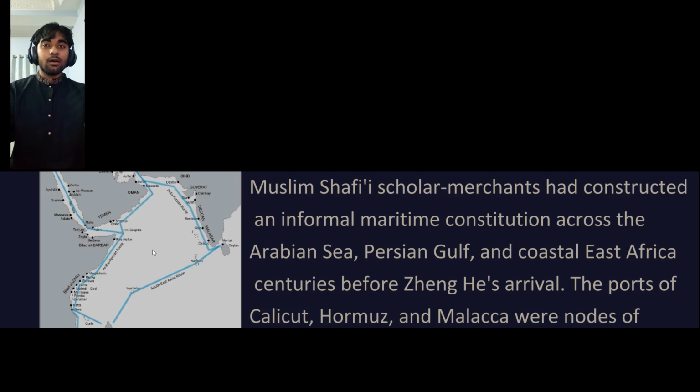This meant a Muslim merchant traveling from Aden to Calicut would expect similar legal systems and trading norms from here to there. So, in many ways, Aden, Calicut, Hormuz, and Malacca functioned not only as trade hubs but as connected legal communities. So, before Zheng He arrived, the Indian Ocean already had political stability.